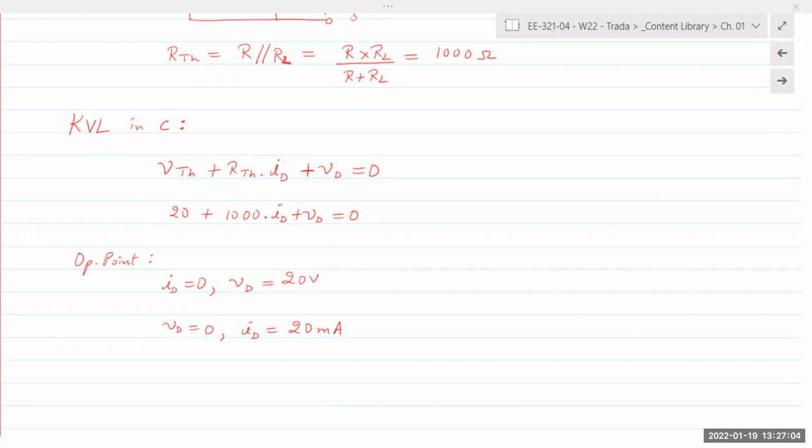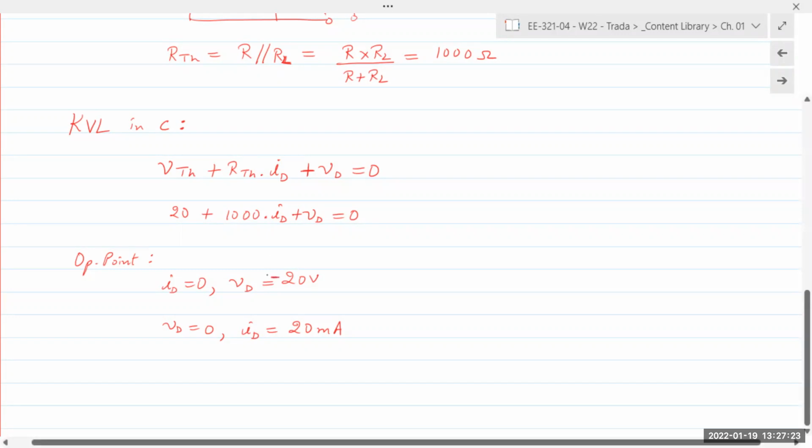Yeah, so VD, when ID is equal to 0, is minus 20. There, that's the minus. Minus 20 and minus 20 milliamps.